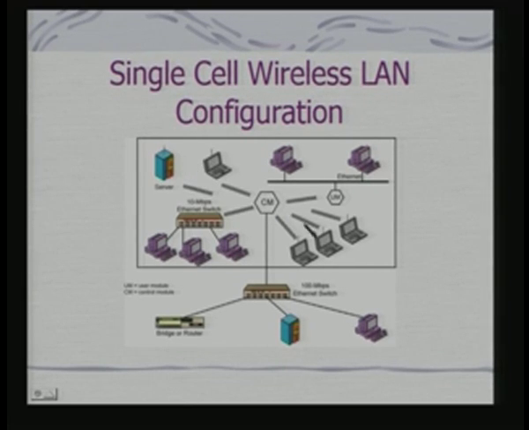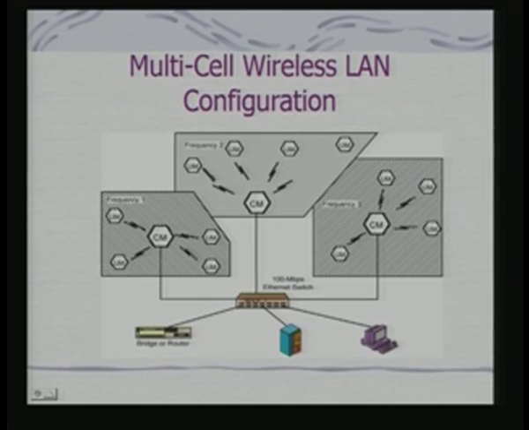So, you have a single cell, and this single cell wireless link is connected to your 100 Mbps Ethernet switch, and other devices are connecting to this single cell.